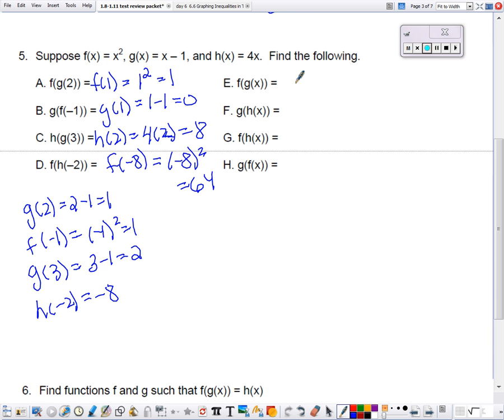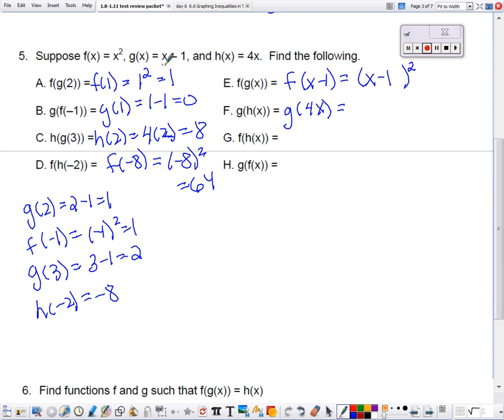Now with all variables, f of g of x. So I replace the x with my new function. So for f, we're going to take the h function and plug it into g.